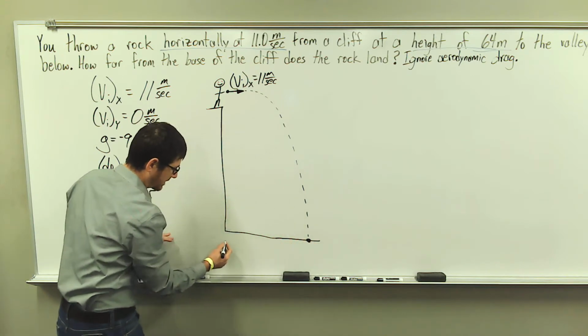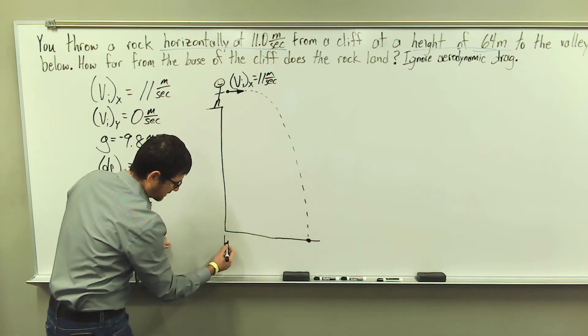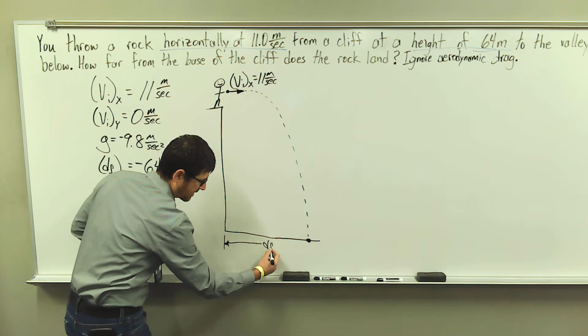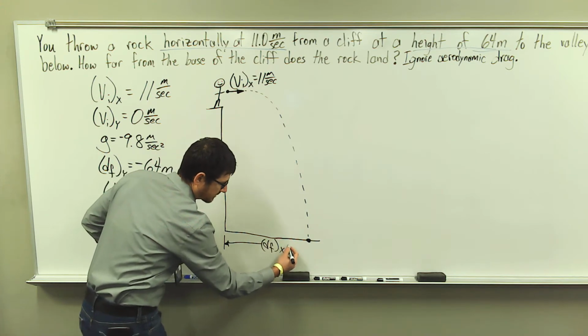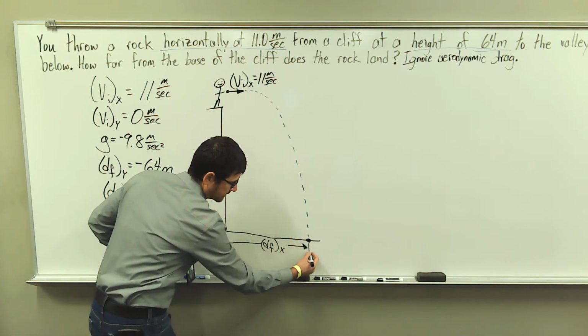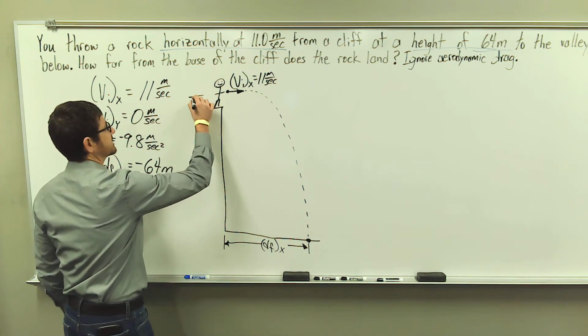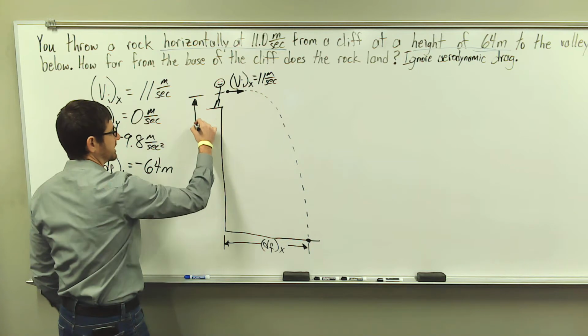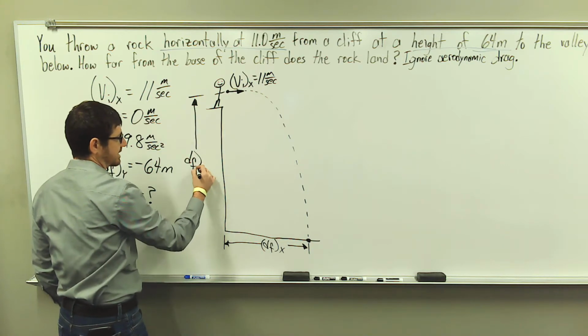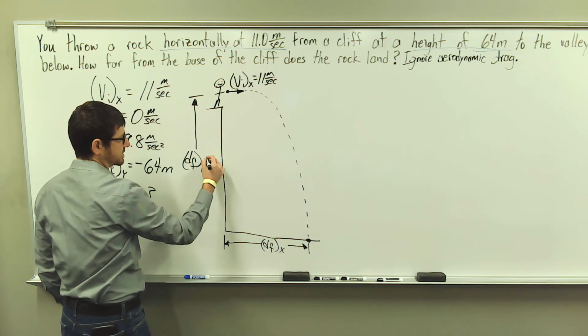It's going to land there, and the problem is asking us to calculate the final displacement in the x direction, okay? And we know that this is 64 meters, and this is the final displacement in the y direction.